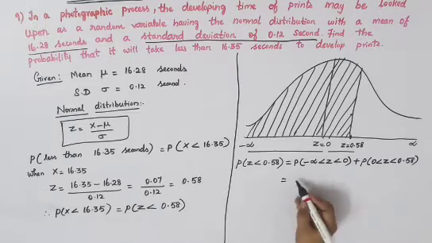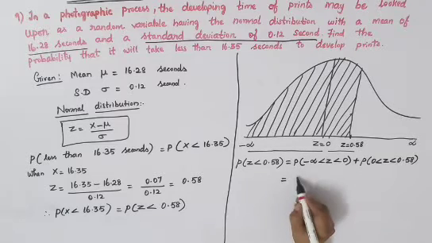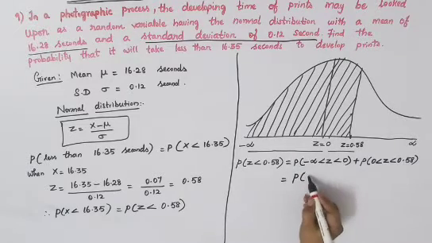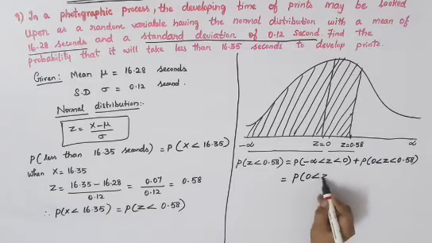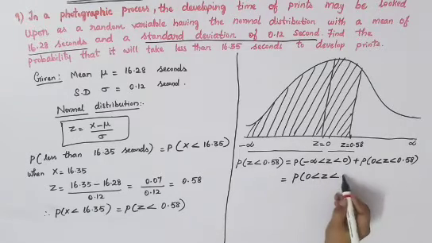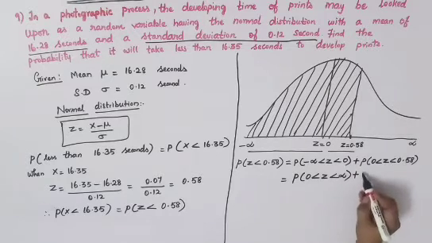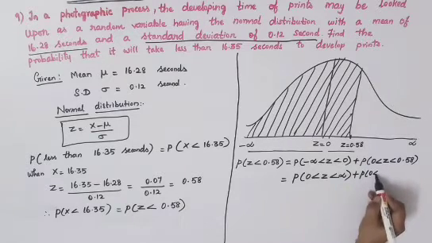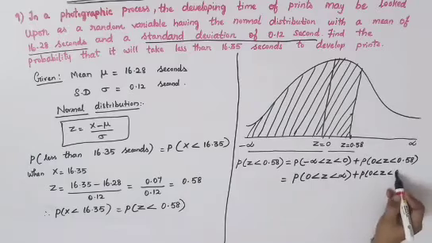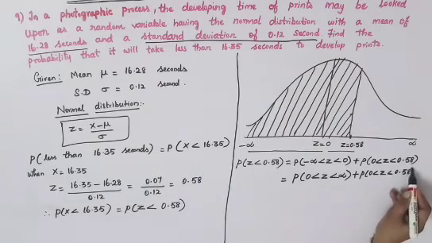Since a negative value is there, you have to convert it to positive: 0 less than Z less than plus infinity, plus your second part as it is, P of 0 less than Z less than 0.58.